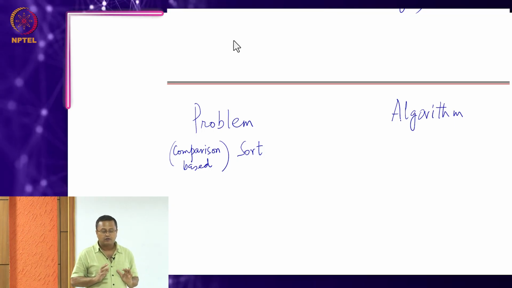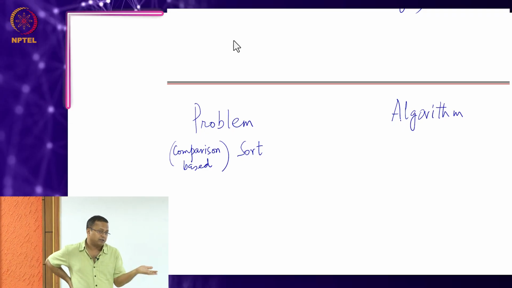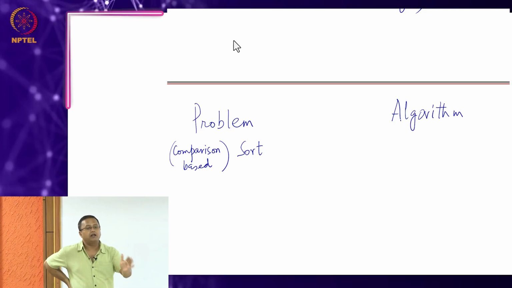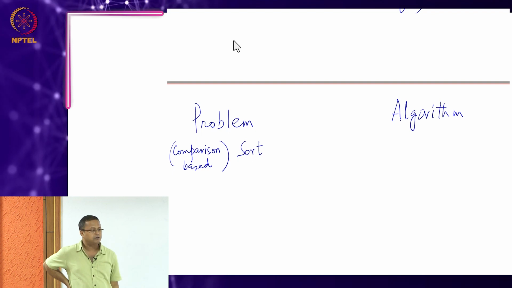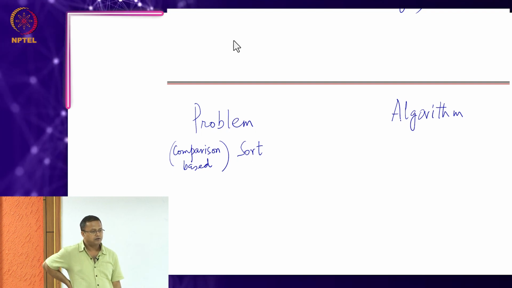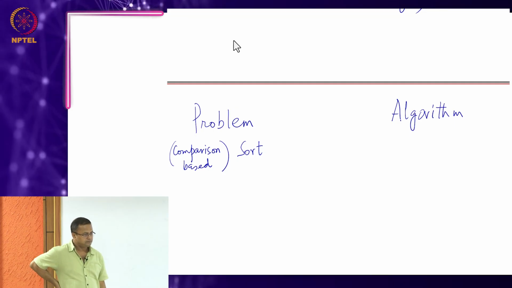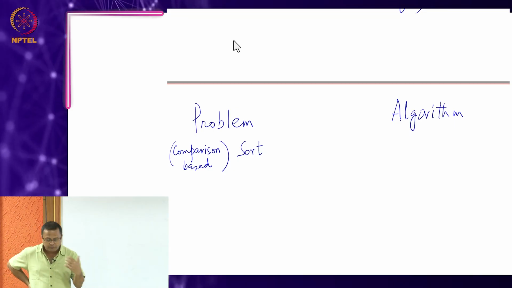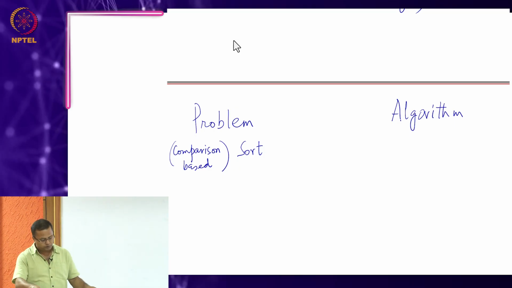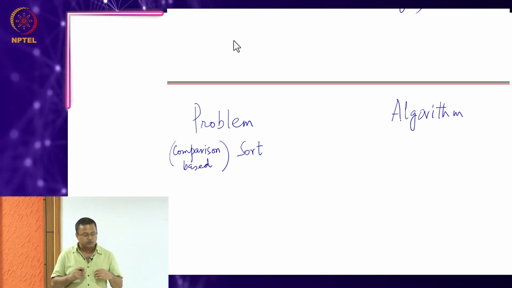So, the impossibility result might be something like this, that until and unless you allow me to store everything, I cannot solve this problem, right. So, these impossibility results are a kind of lower bounds. Now, let us come back to this sorting problem.